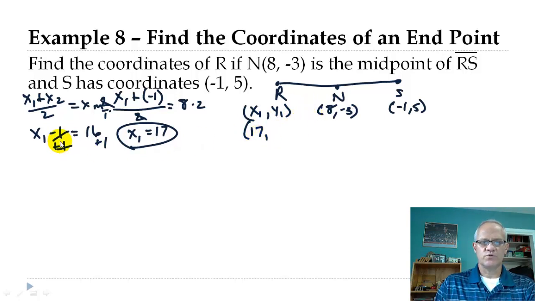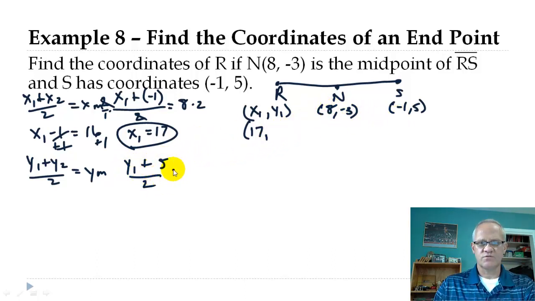And then we do it one more time with the Y's. Remember, Y1 plus Y2 all divided by 2 equals the Y in the middle. And so our Y1 again is what we're trying to find, Y1 plus 5 all divided by 2 has to equal, this time, negative 3. Let's do our algebra.